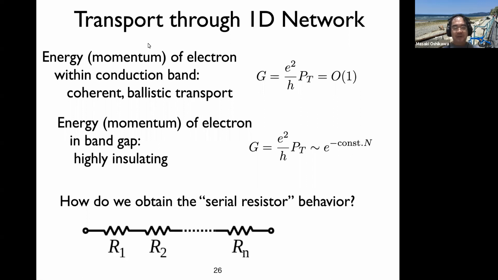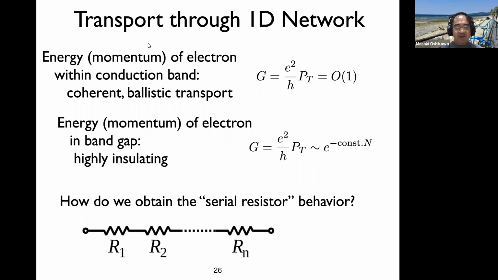So if the energy or momentum of the incident electron is within the conduction band, then you find a coherent ballistic transport. That is, conductance is order of 1. By order of 1, I mean, even if you go to a very large number of barriers, this is order of 1.